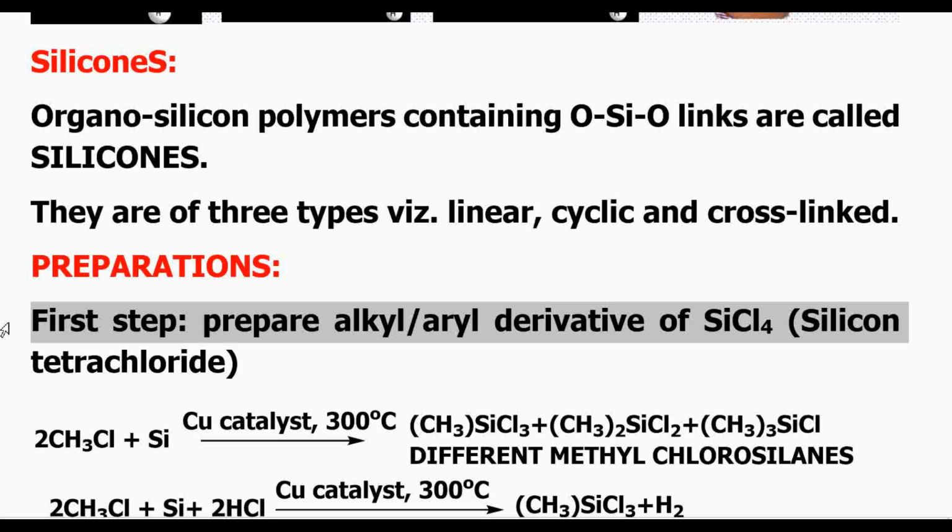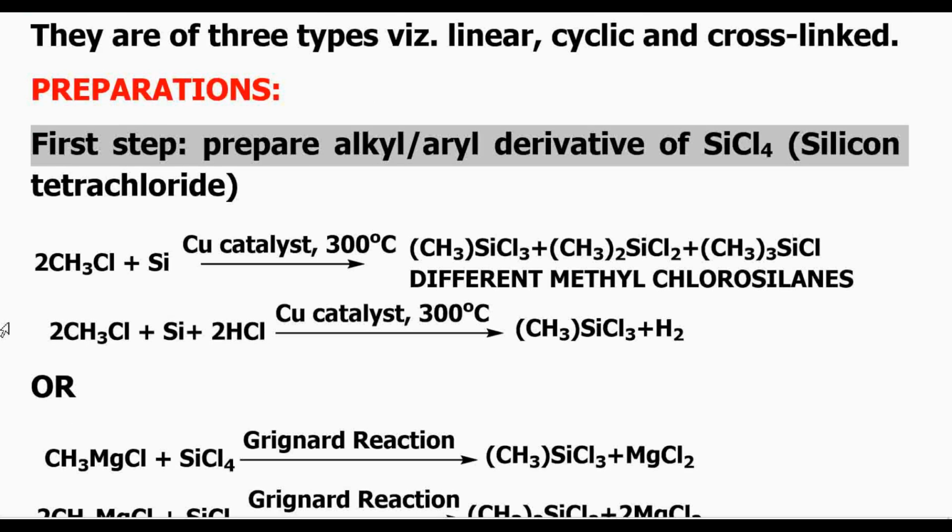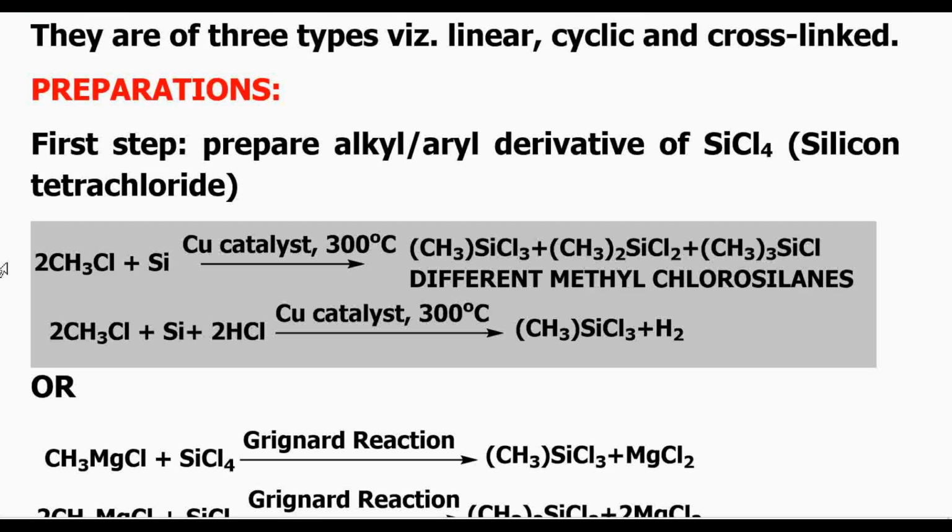So you have to convert this starting material into monomethyl or dimethyl or trimethyl silicon chloride. Let us have a look at the different ways in which these compounds can be synthesized.